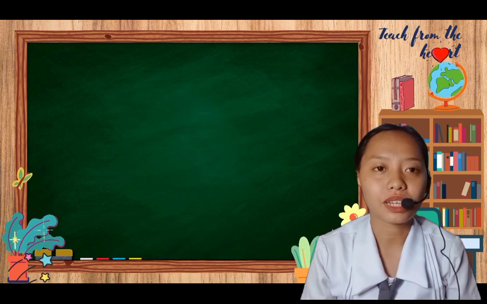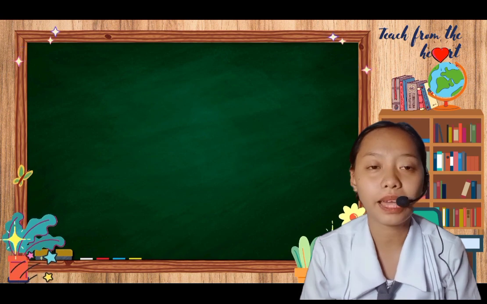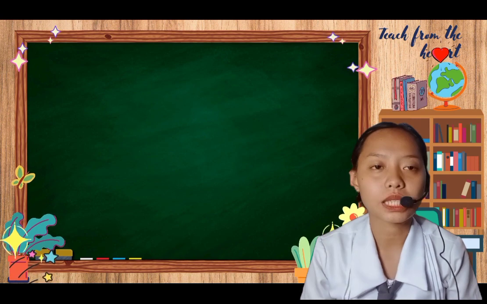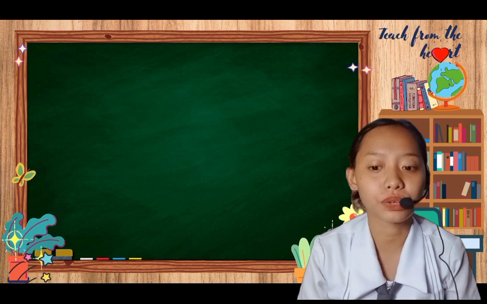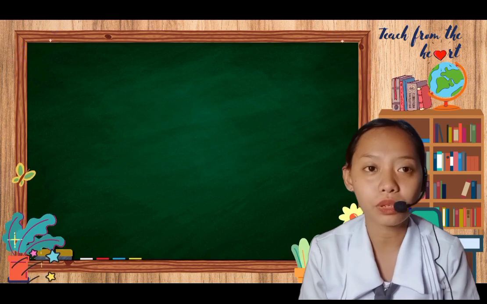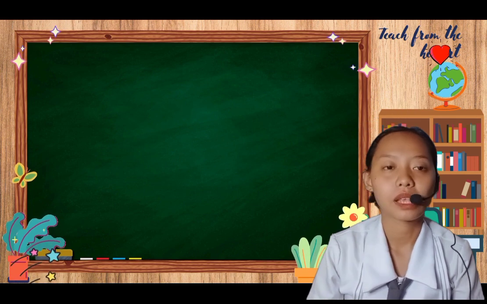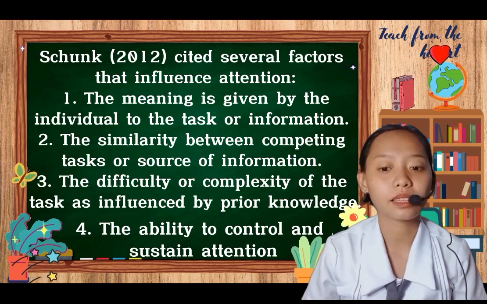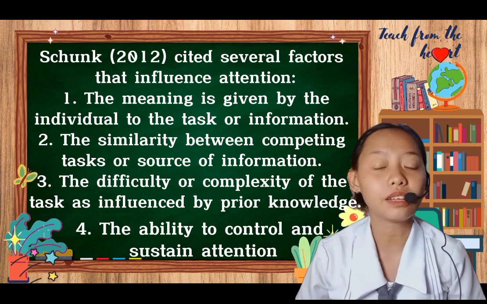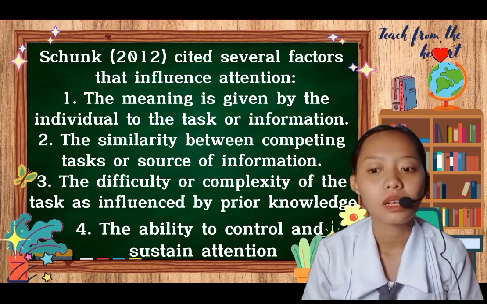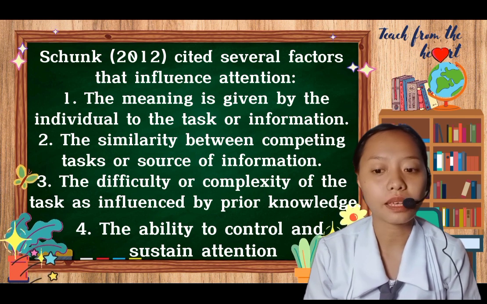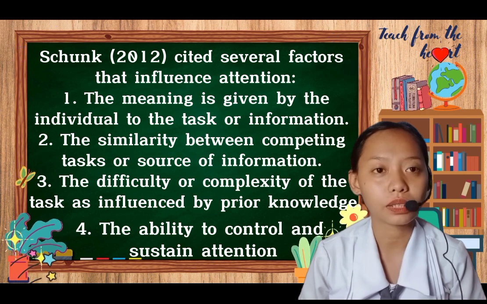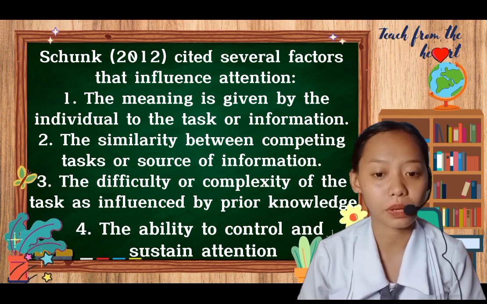Selective attention is the individual's ability to choose and process information while disregarding the other stimuli or information. According to Schunk, 2012, several factors influence attention. Number one, the meaning given by the individual to the task or information.